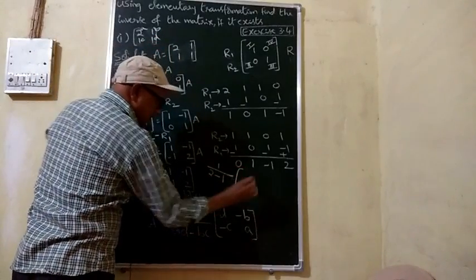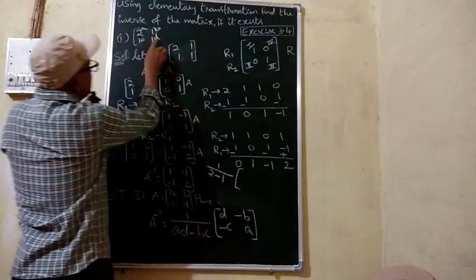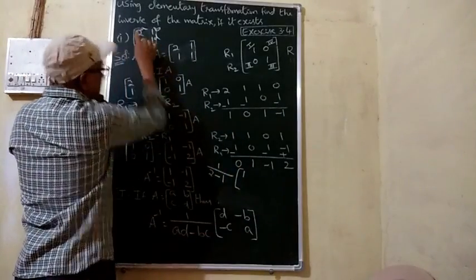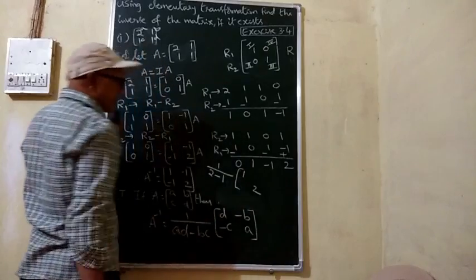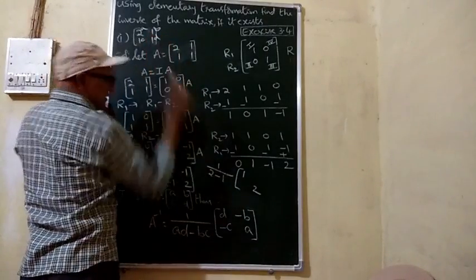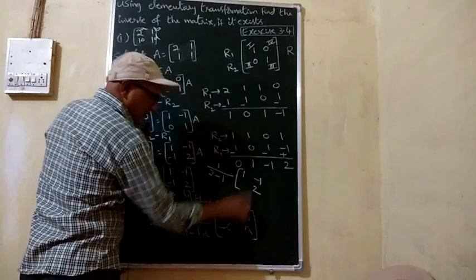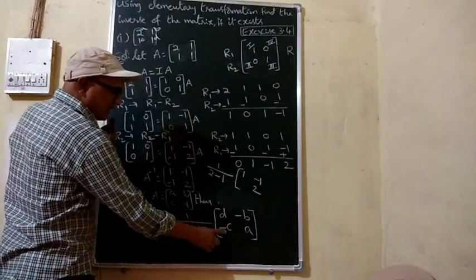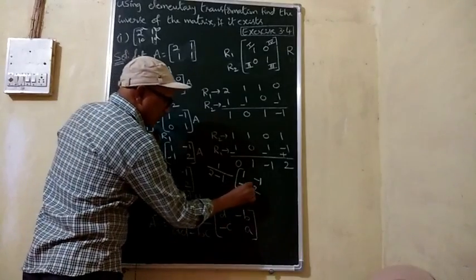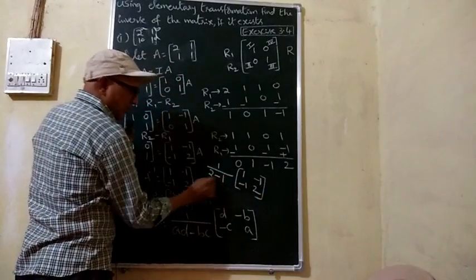The matrix is D, A: D is 1, A is 2. Minus B, so minus 1. Minus C, so minus 1. 2 minus 1 is 1.